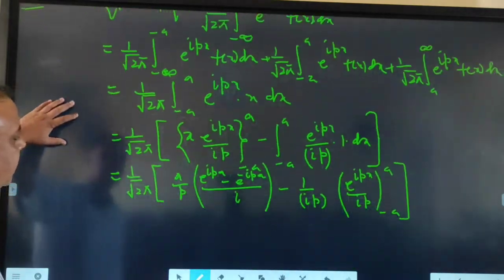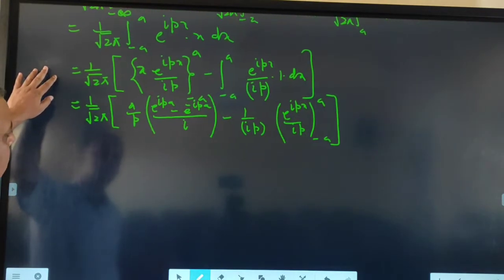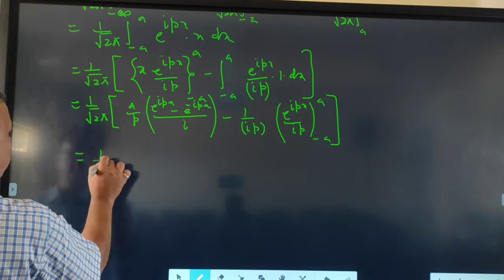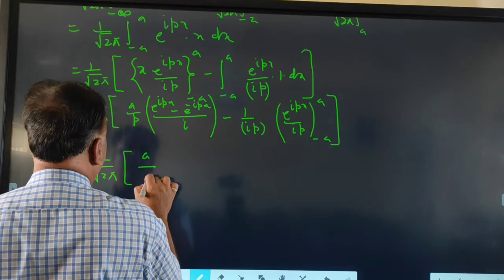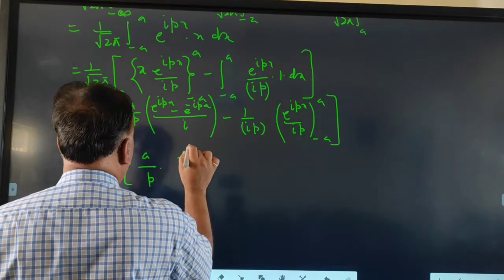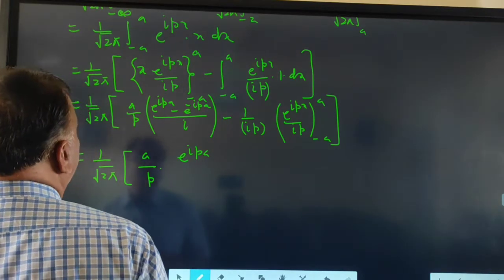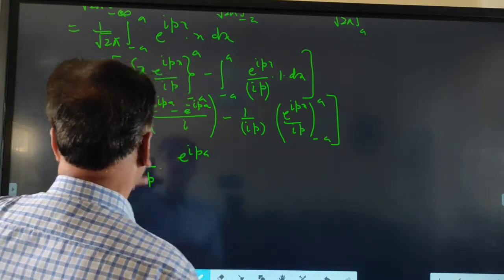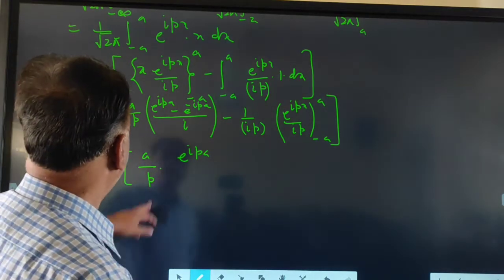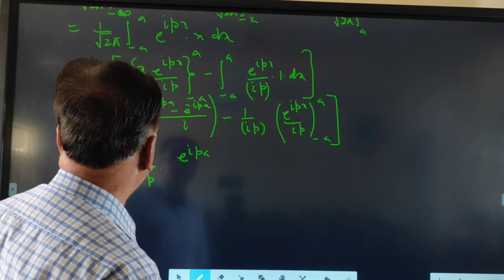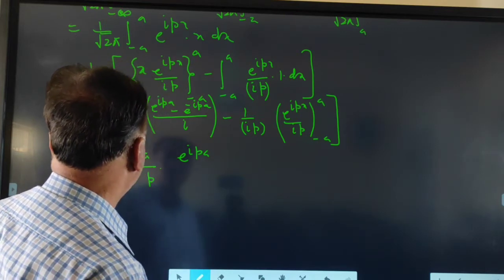Now solving this: if you put a, then a e raised to iota pa; if you put minus a, then minus minus, this is plus rather.